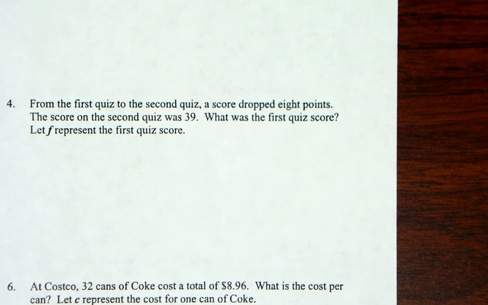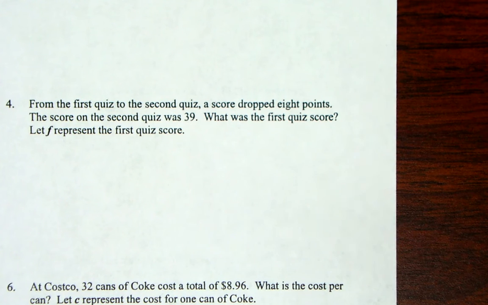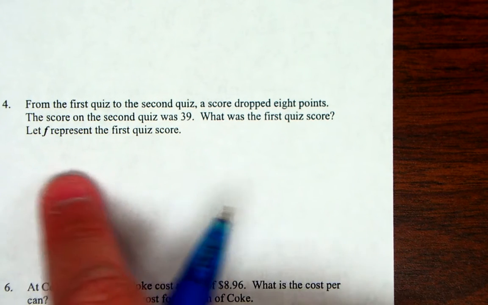Okay, so looking at number 4. From the first quiz to the second quiz, a score dropped 8 points. The score on the second quiz was a 39. What was the first quiz score? Let F represent the first quiz score. So again, I'm going to start by writing out my ingredients.